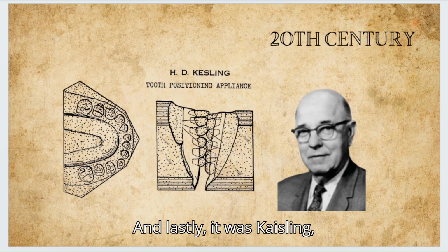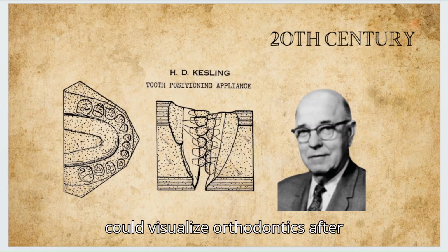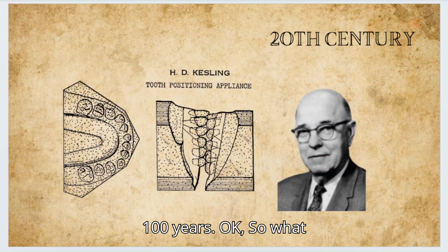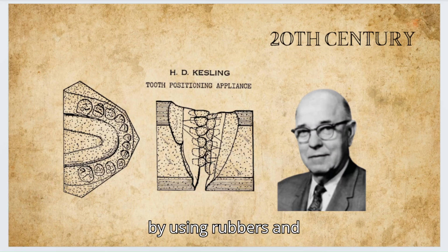And lastly it was Kesling, a great pioneer, a great person who could visualize orthodontics after 100 years. H.D. Kesling's philosophy was that we can move the tooth by using rubbers.